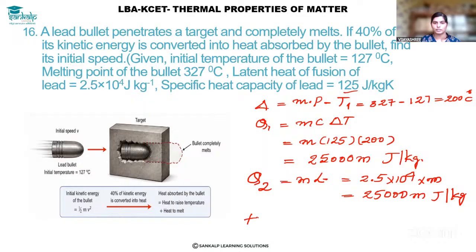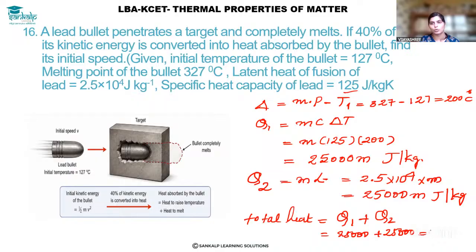So total heat is equal to first temperature rise ಆಗಕ್ಕೆ ಎಷ್ಟು 327 degree rise ಆಗಕ್ಕೆ temperature ಇಷ್ಟು rise ಆಗಕ್ಕೆ heat absorb ಆಗಿದ್ದು ಎಷ್ಟು Q1 plus latent heat Q2, so which is equal to 25,000 plus 25,000, which is equal to 50,000, this much joule per kg, 50,000 m alwa, this into m. So I will move on to the next slide.